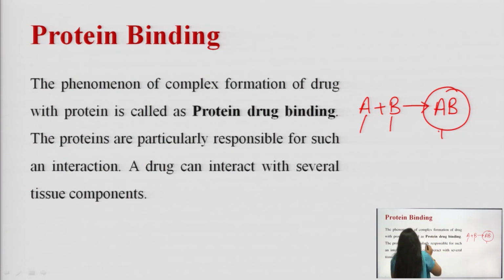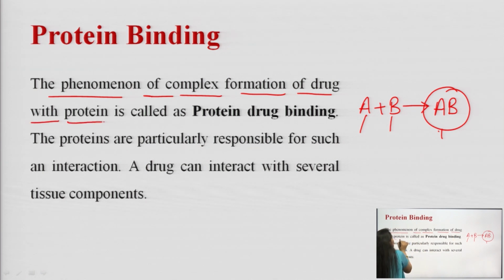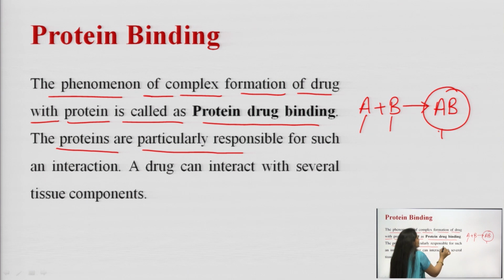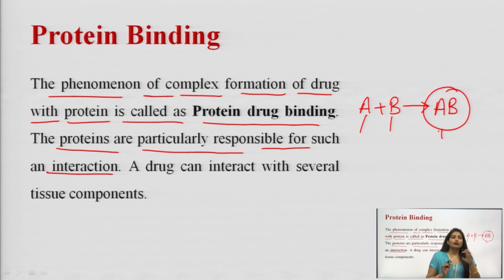The phenomenon of complex formation of a drug with protein is called protein drug binding, and proteins are particularly responsible for such an interaction. A drug can interact with several tissue components.